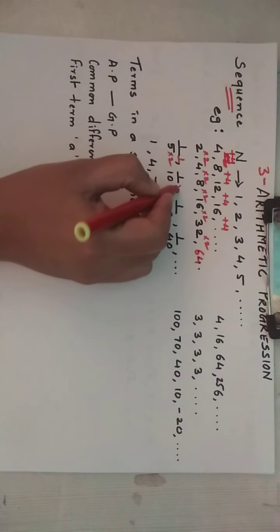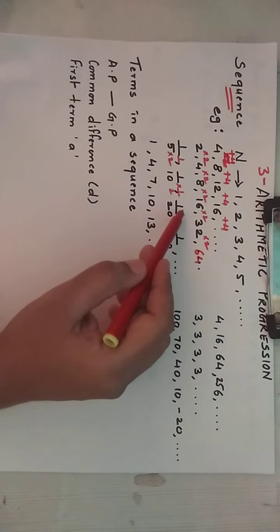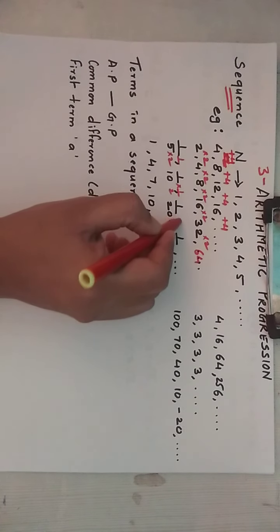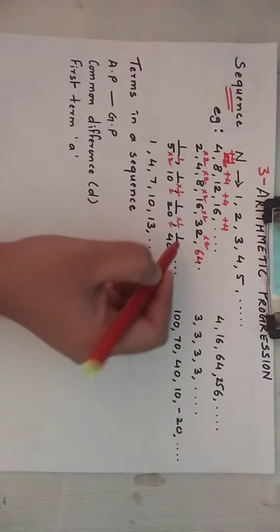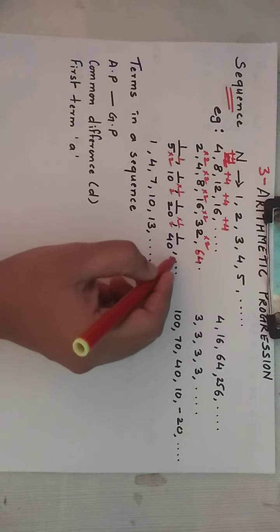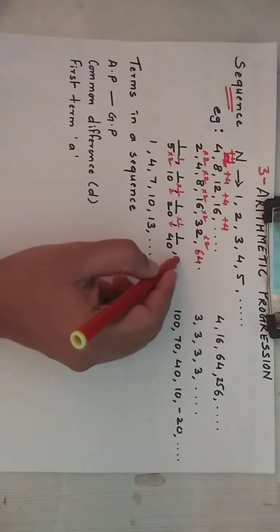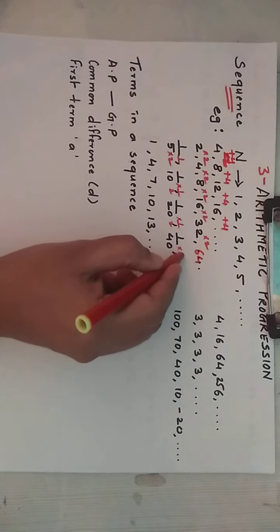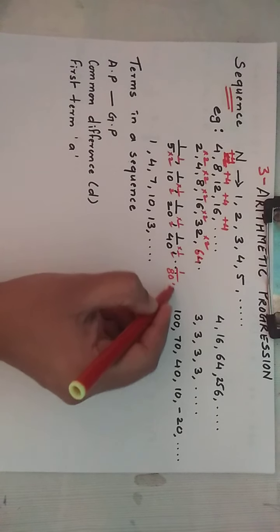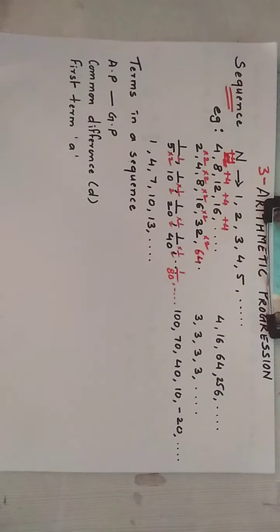Then 1 upon 10, again if you multiply by 1 upon 2, you get the answer 1 upon 20. 1 upon 20 again multiplied by 1 upon 2 gives you answer 1 upon 40. So now you can guess the next number. The next number will be 1 upon 80 and so on.